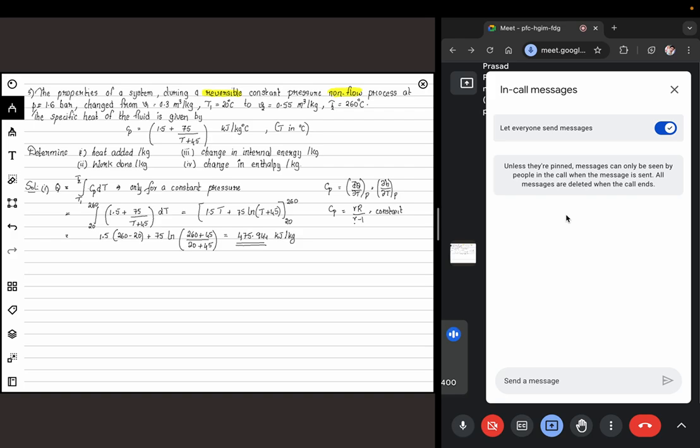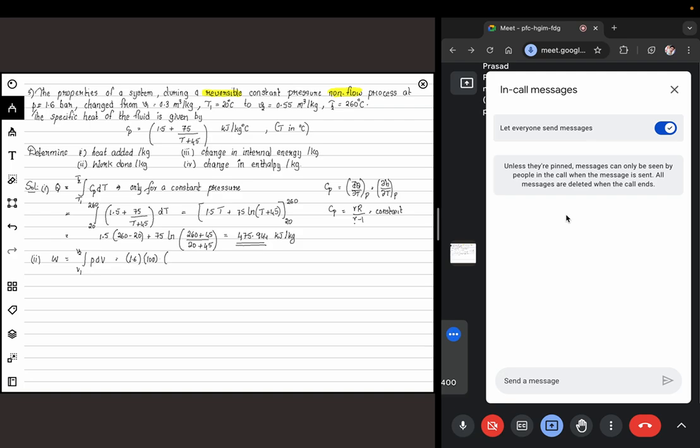How do we do the second problem? The next problem asks you to calculate the work done, which is straightforward. All of these are per kilogram of the substance. The work done is again the integral of P dV. It is a constant pressure process, and the pressure is specified to be 1.6 bar. Just to be consistent with the units, I'm multiplying with 100 so that you convert it into kilojoules, times the final volume minus the initial volume.